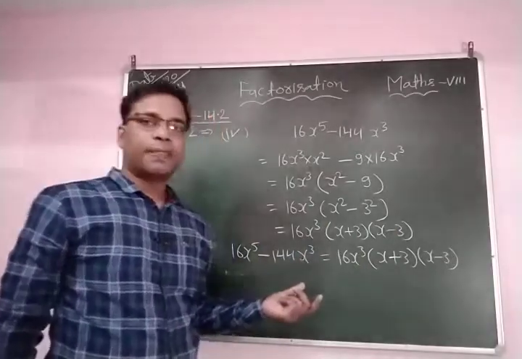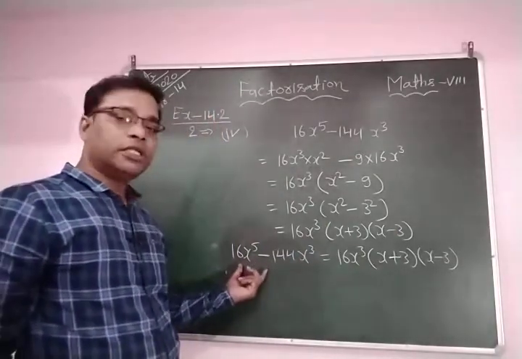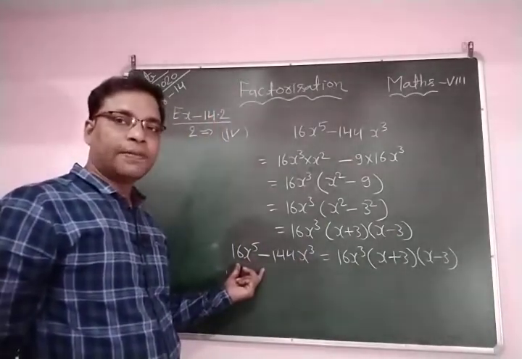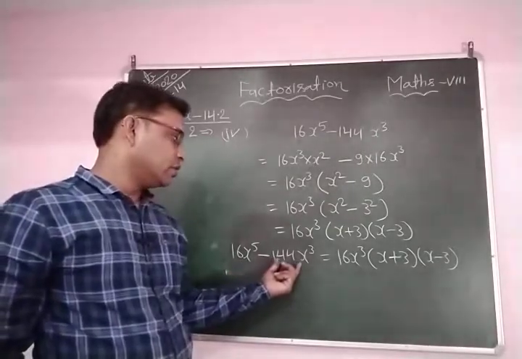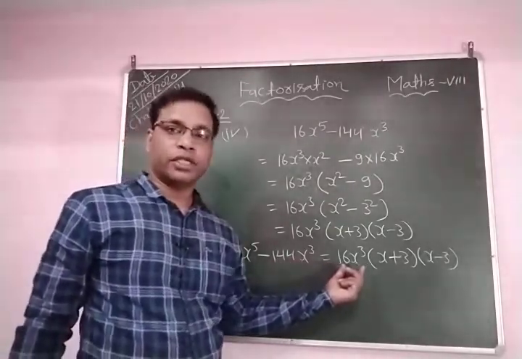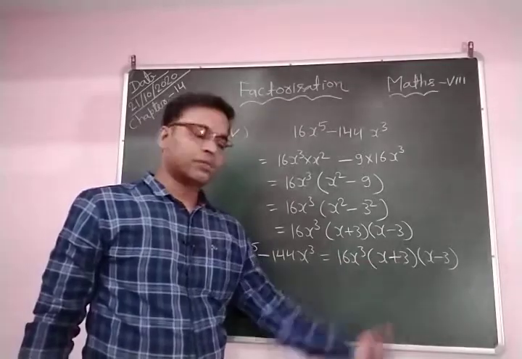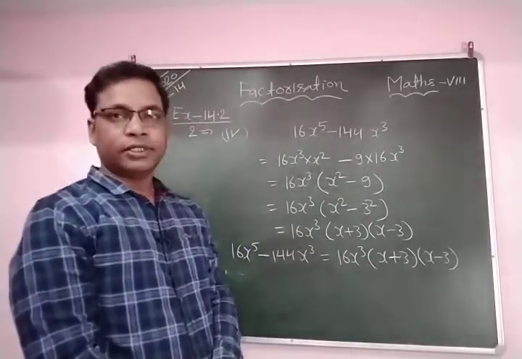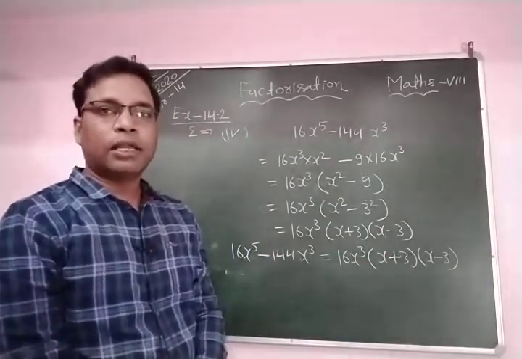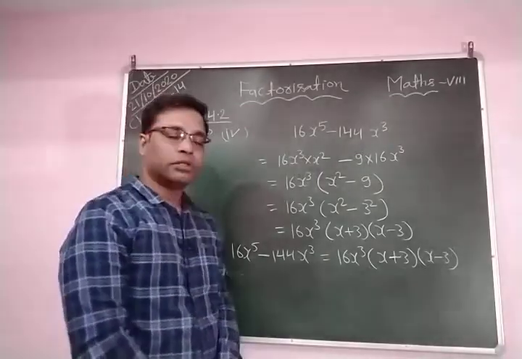This is the factorization of the given algebraic expression 16x⁵ − 144x³. This is equal to 16x³(x + 3)(x − 3). So students, I hope all of you understood this part of question number 2.